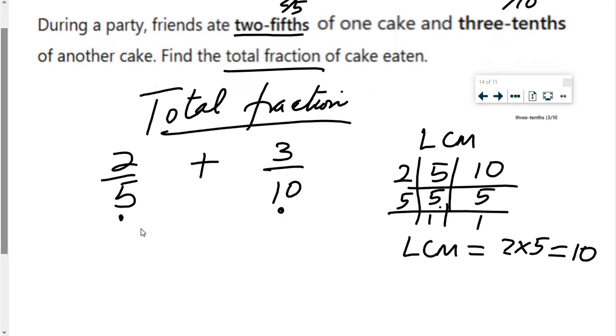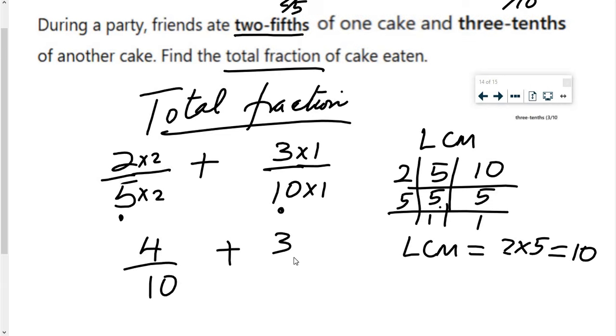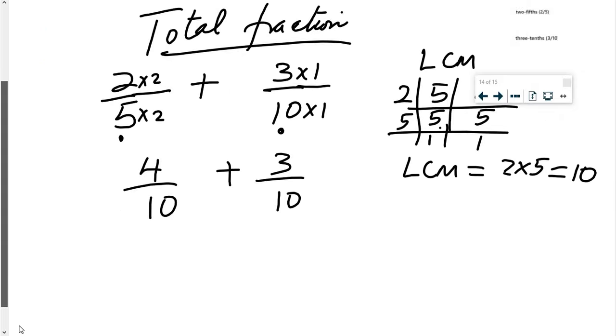Now, how do we turn 5 into 10? We do into 2 here, into 2 here. How do we turn 10 into 10? We do into 1 here, into 1 here. Then calculate this. This is 4 upon 10 plus 3 upon 10.